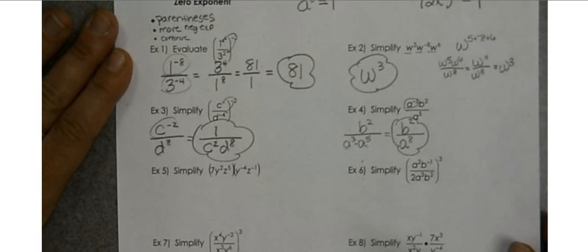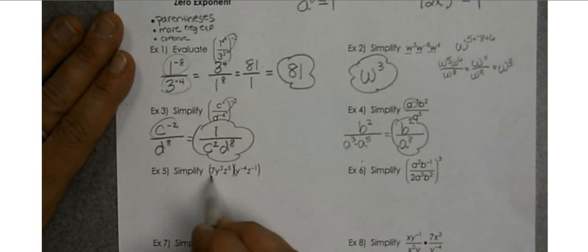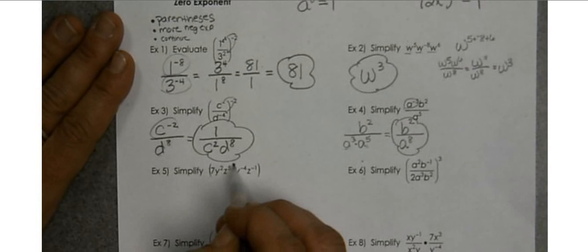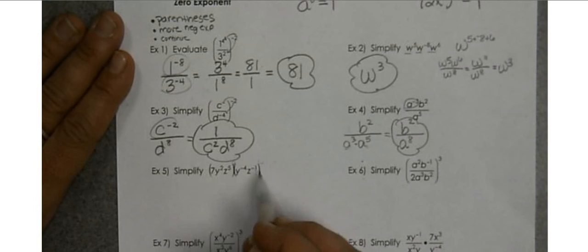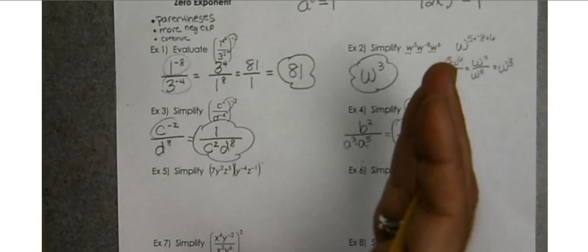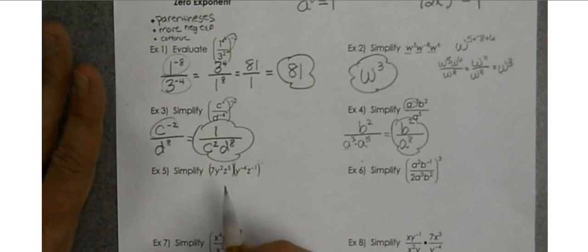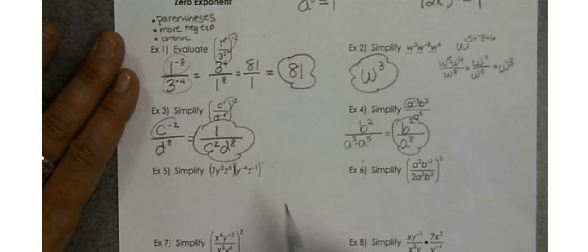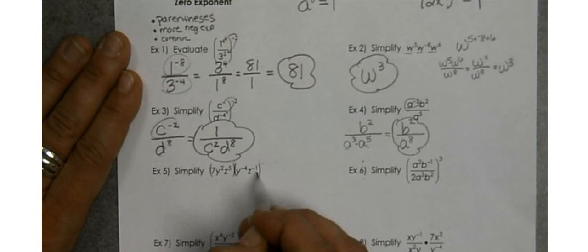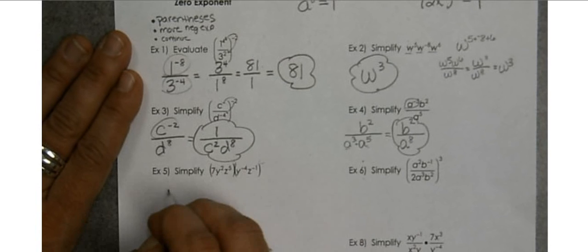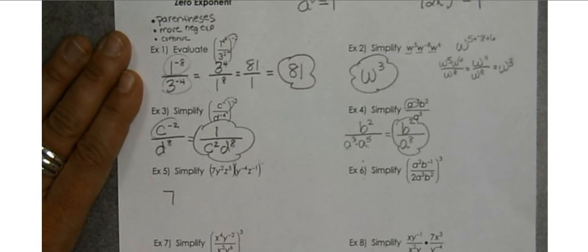In example 5, what I might do is, because there aren't any exponents on the outside, there's nothing to apply to each factor, but I'm multiplying, so what I might do is try to multiply it and squish it into just one expression instead of a product of expressions. So if I take 7, there are really no other real numbers to multiply that by, so I'm just going to keep that 7.